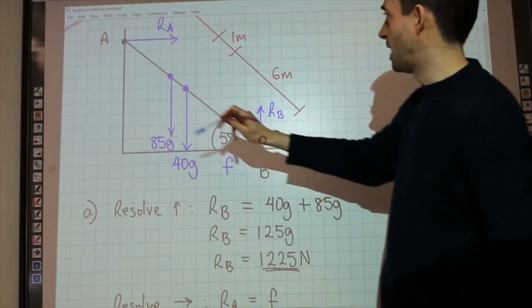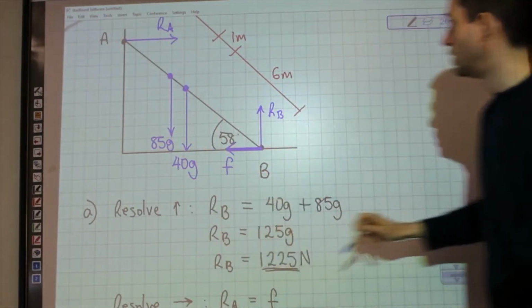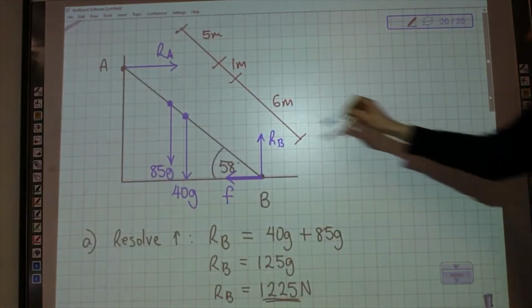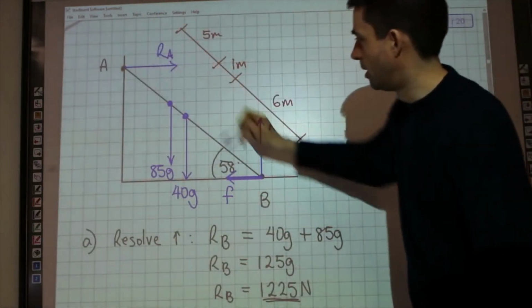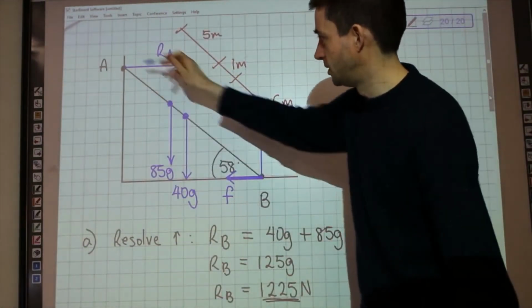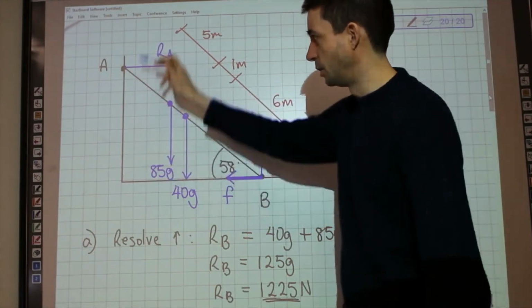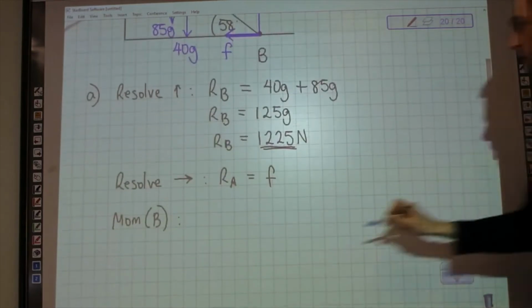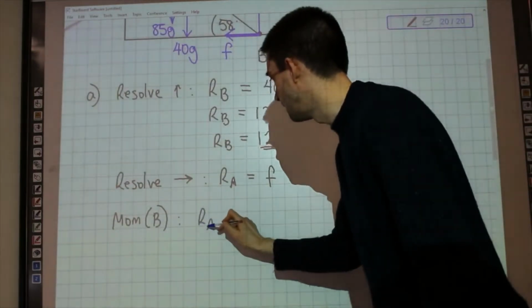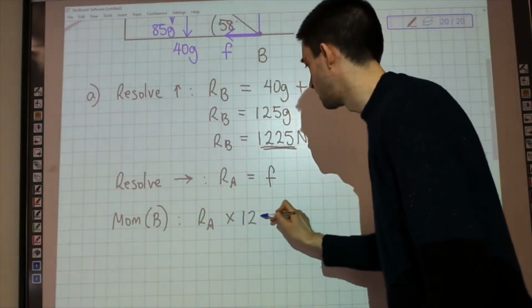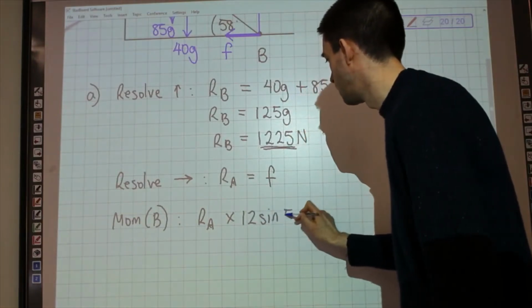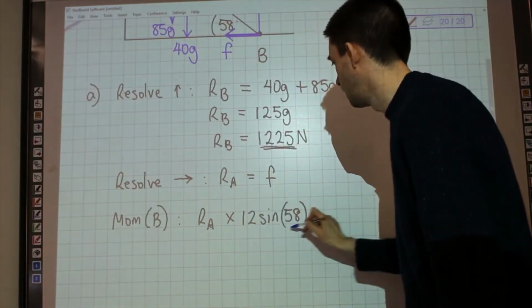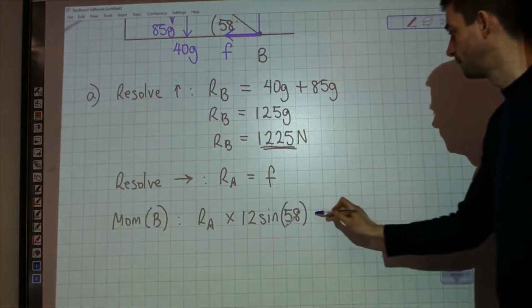Now that is going to be equal to 12 times by sine 58. So 12 is the hypotenuse, and I'm looking for the opposite distance. So my first moment, my clockwise moment, is the reaction at A times by 12 sine 58. And I'm not going to work that out as a number yet. I'm going to leave it like that.